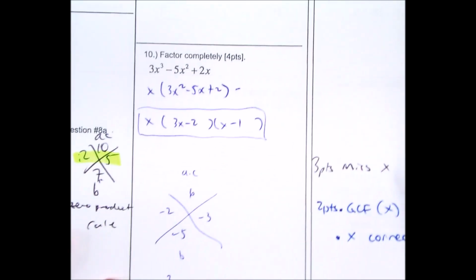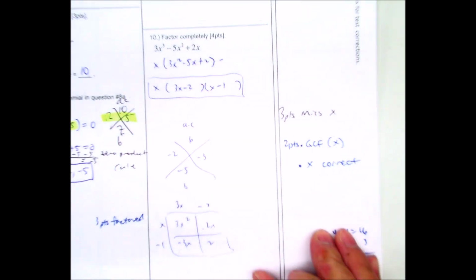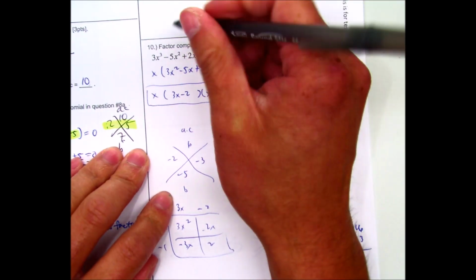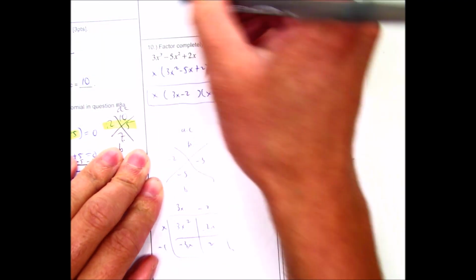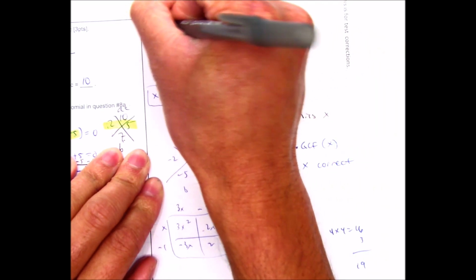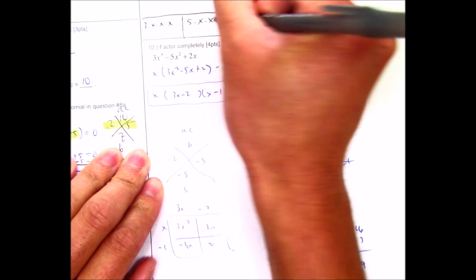And the last question. This one says to factor completely. So notice it has a power of 3. Now if you break this up, which I'll show you right now, 3x to the third, 5x squared, and 2x.